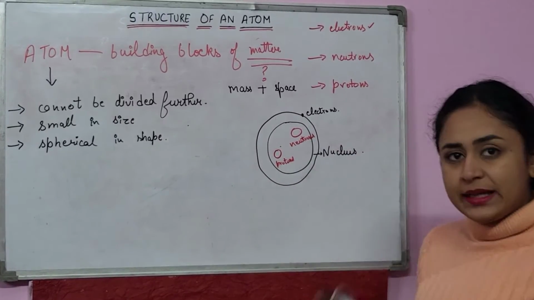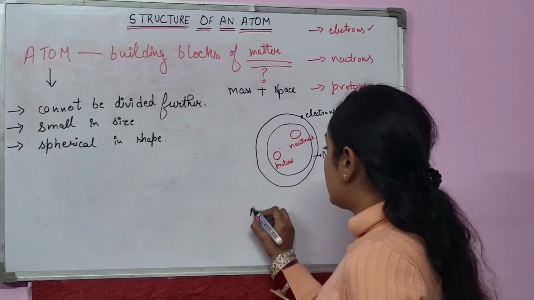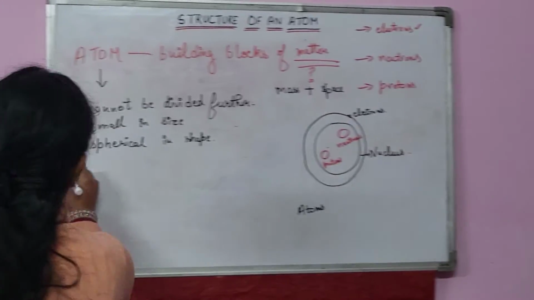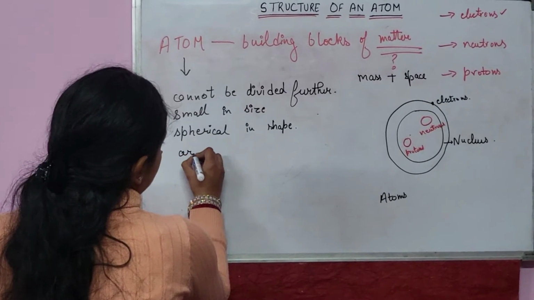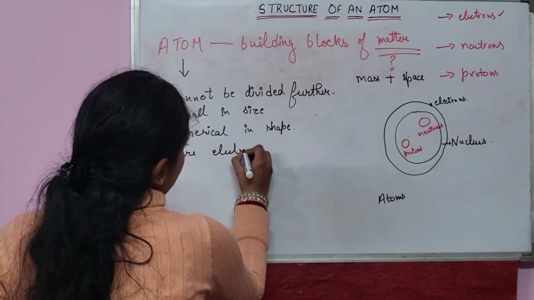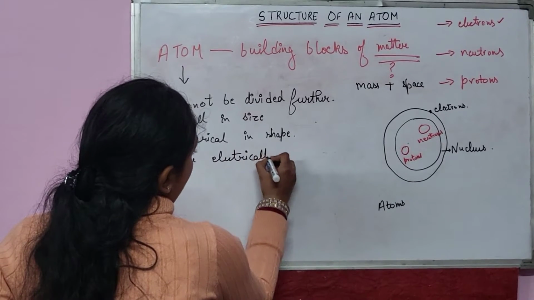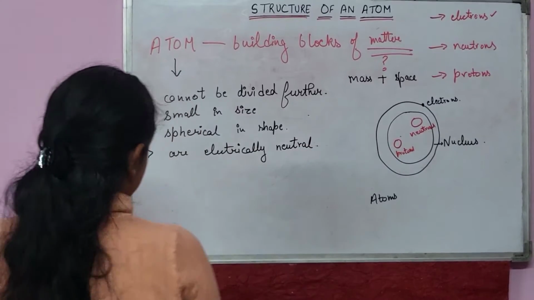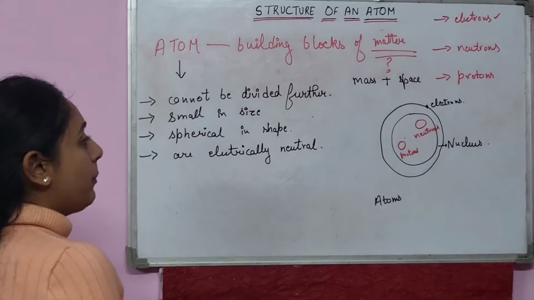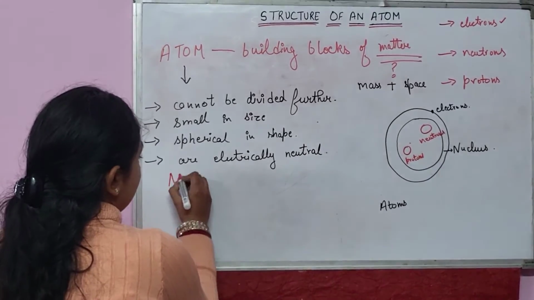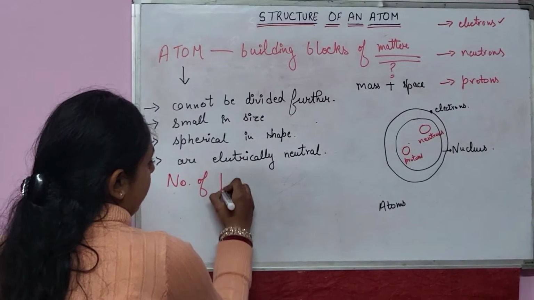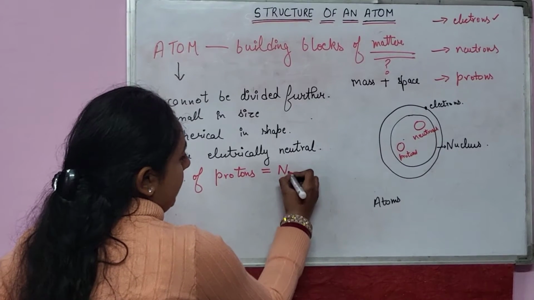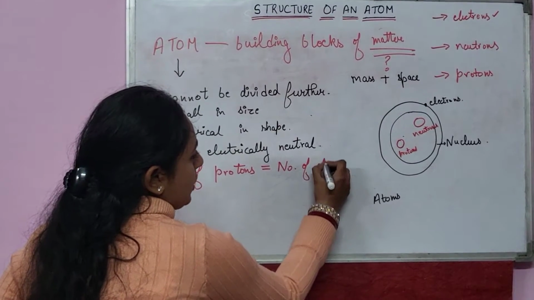Now, generally it is said that atoms are electrically neutral. We have got one more property: atoms are electrically neutral. What do you mean by electrically neutral? It means the number of protons is equal to the number of electrons in an atom.